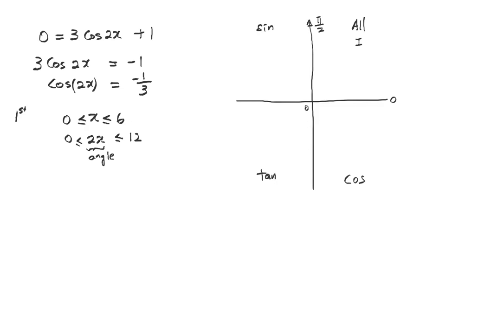When I say second quadrant, the size of the angle is between pi/2 and pi. When I refer to third quadrant, it means the size of the angle is between pi and 3pi/2.